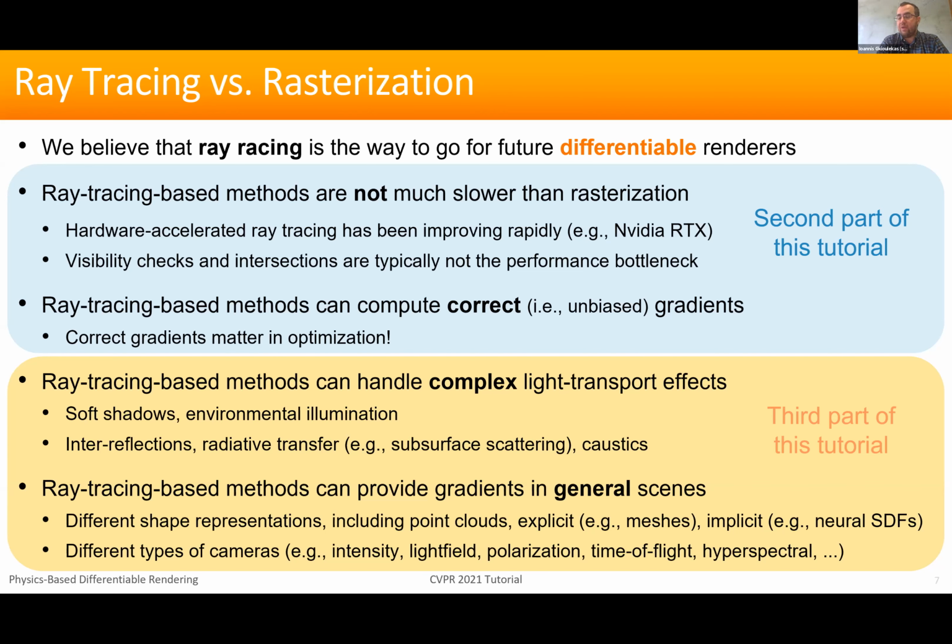We can very well do with derivative images that have a lot of noise and therefore can be rendered at very small sample per pixel counts in very small amounts of time. The reason for this is that we can always combine these noisy gradients with stochastic gradient descent optimization techniques that can still converge despite the fact that our gradients are imperfect in the sense that they have a lot of noise.